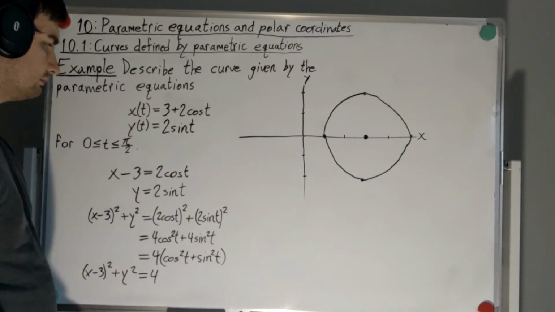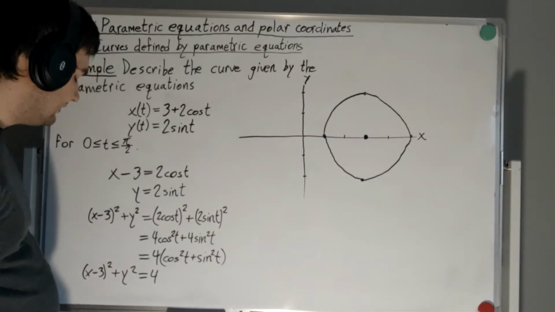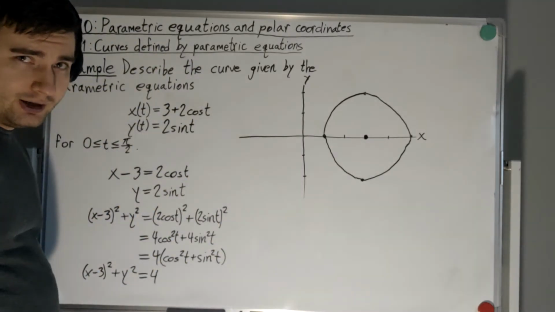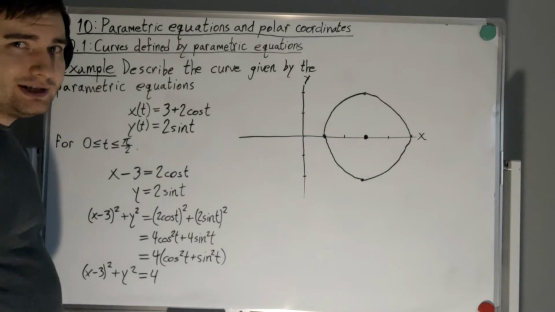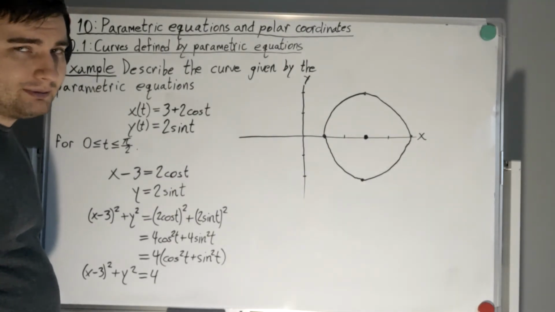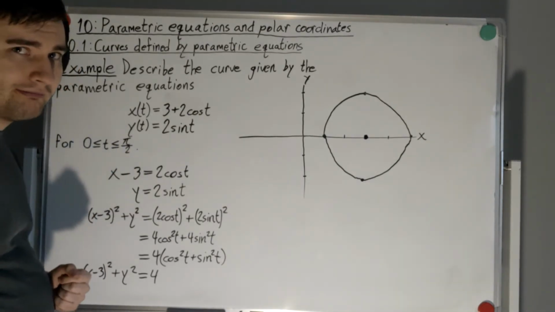Okay. But that's not it, is it? Yes, this is x minus 3 squared plus y squared equals 4, but the Cartesian description has less information than the parametric description, because the parametric description says that t has to go between 0 and pi over 2.